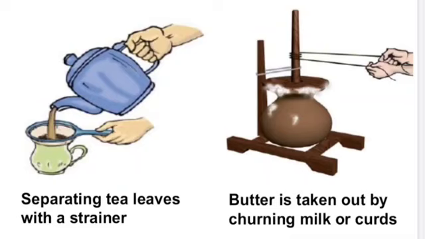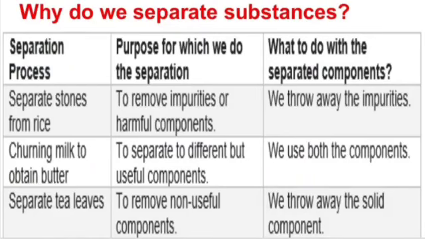But why would we need to separate substances? Why do we separate substances? And what is the purpose of separation? In this table, column 1 shows a few processes of separation, and the second column shows the purpose of separation and the way separated components are used is mentioned in column 3.